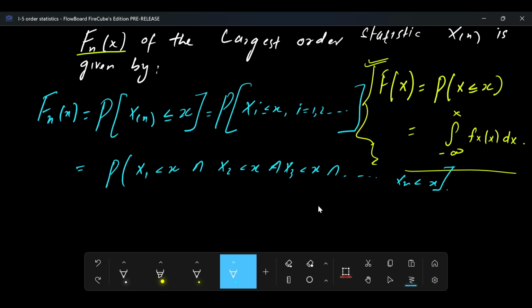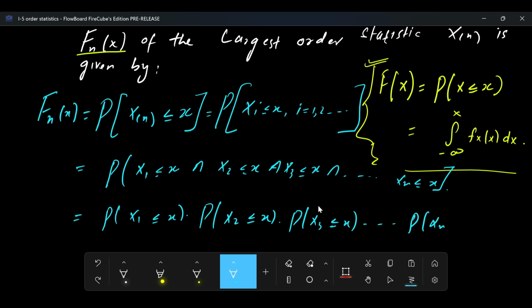Is this clear? And if random variables are IID, we can write them separately. That's probability x1 less or equal to x, into probability x2 less or equal to x, into probability x3 less or equal to x, up to probability xn less or equal to x.